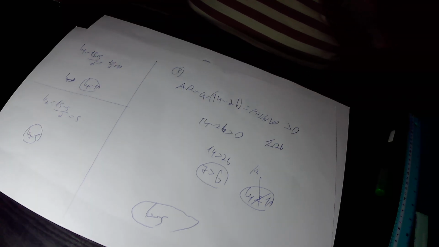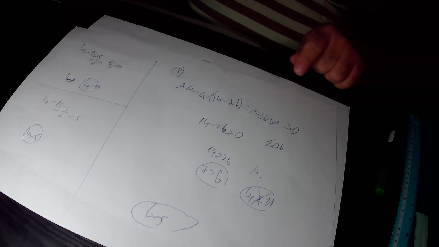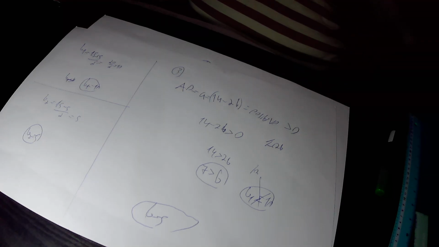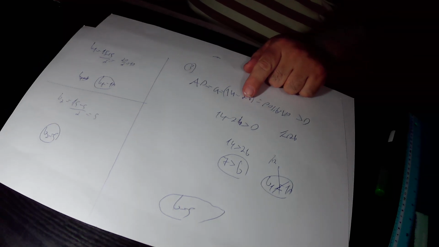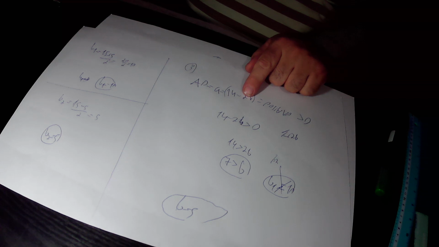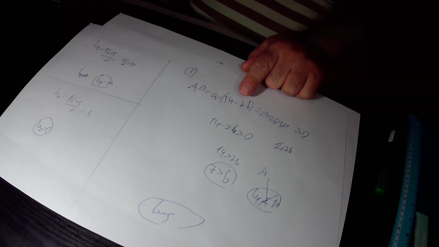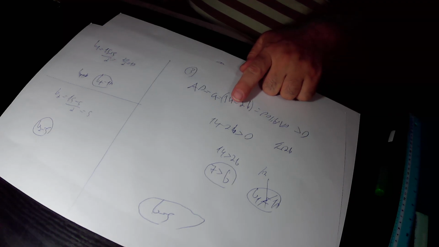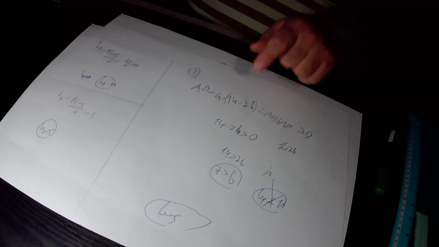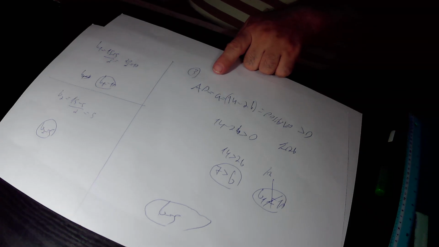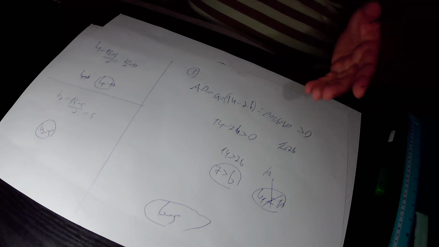So we have the inequality that 14 minus 2b is greater than 0, because 14 minus 2b is the length of side AD, and as a length it must be a positive number.